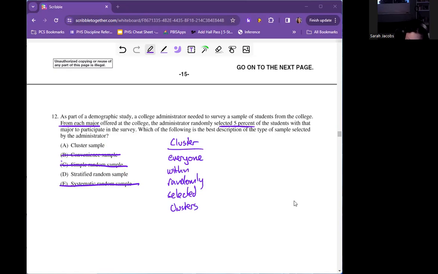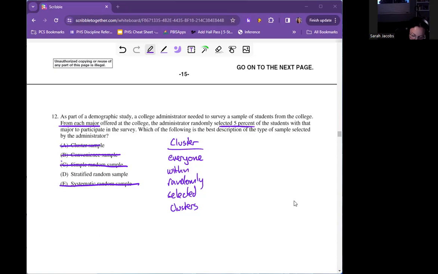So in that case, this would be like if the administrator picked 5% of majors and surveyed everybody in those majors. So he surveyed all of the engineering majors, all of the biology majors, all of the dance majors, because those are clusters, but he's asking everyone.